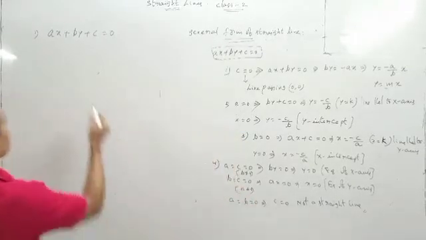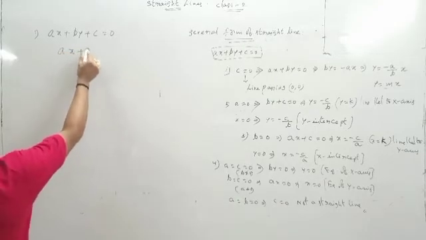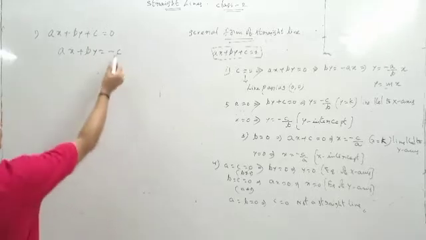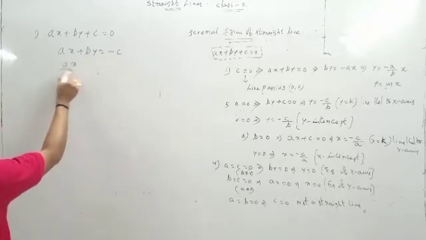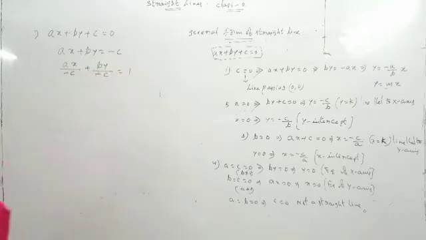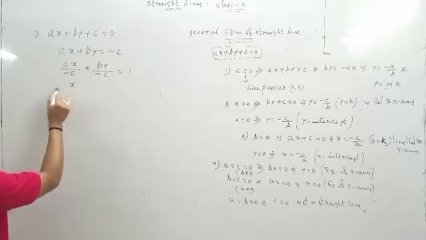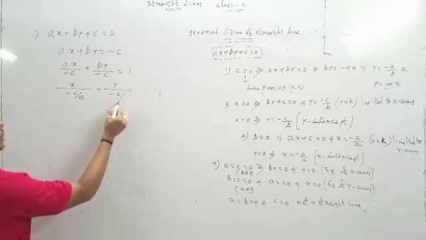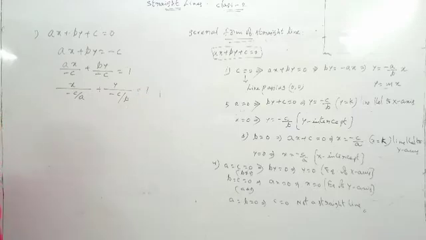Now ax plus by is equal to minus c. Okay, now divide with minus c: ax by minus c, by by minus c is equal to 1. That is x by minus c by a, y by minus c by b is equal to 1.